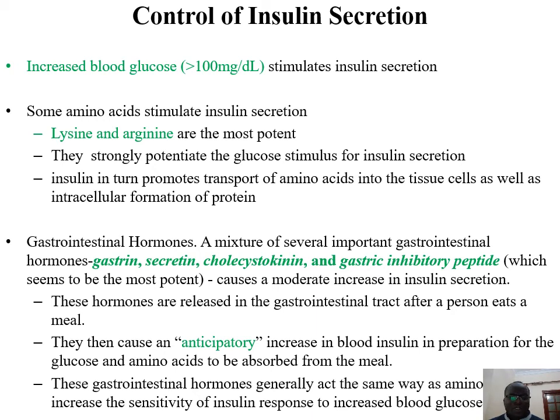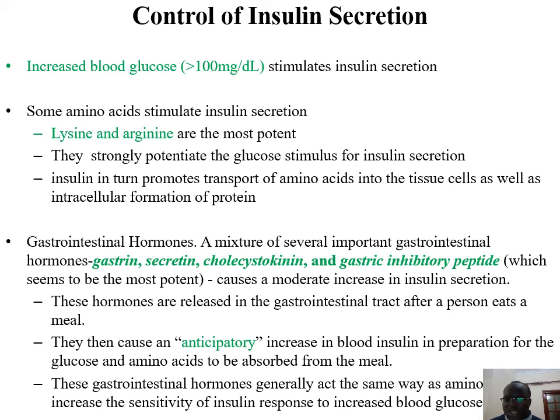Gastrointestinal hormones, a mixture of several important gastrointestinal hormones which we discussed, like gastrin, secretin, cholecystokinin, and gastric inhibitory peptide, which seems to be the most potent, cause a moderate increase in insulin secretion, because most of these hormones are secreted after a meal.